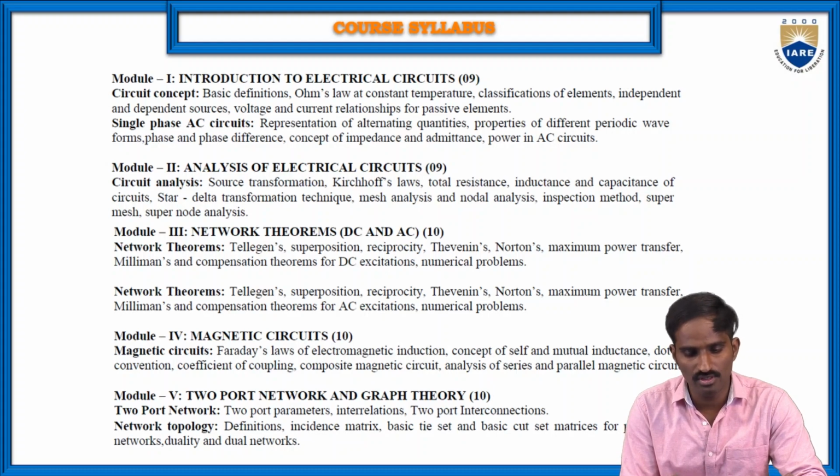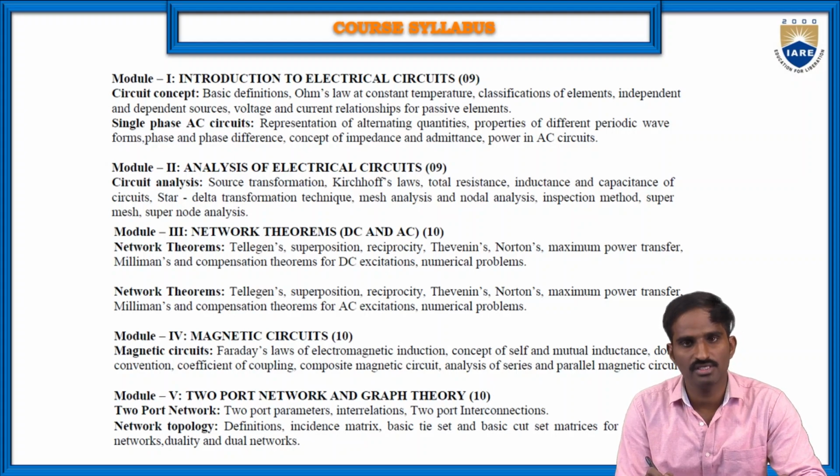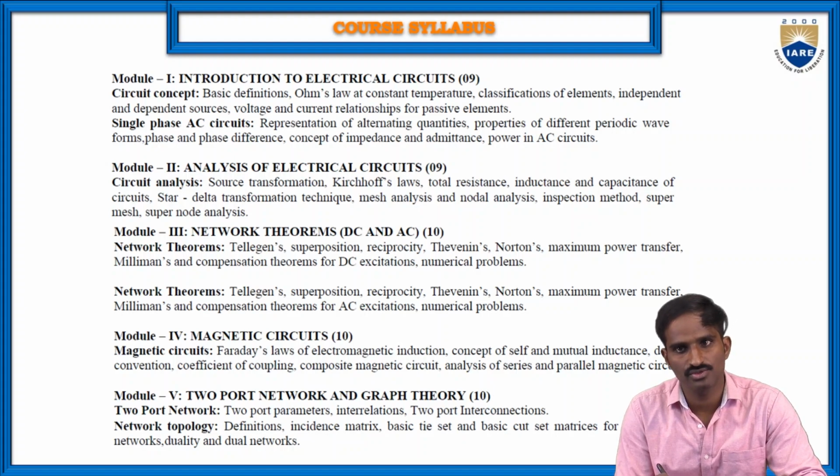In this module, we will discuss the procedures to apply these network theorems with DC as well as AC excitation. Then module 4 is about magnetic circuits: the basic laws and the various basic concepts associated with magnetic circuits, which we will discuss in module 4.